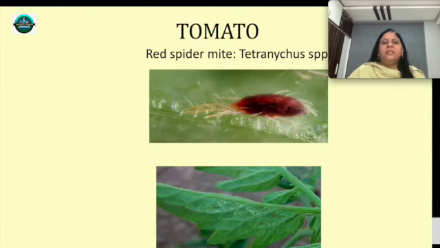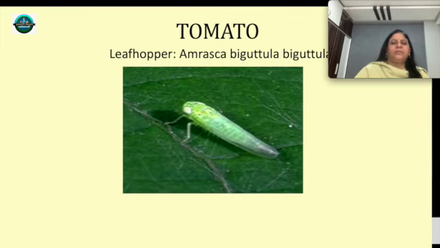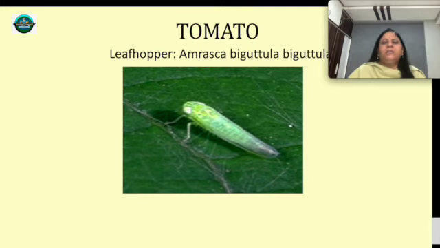This is red spider mite. Mites also cause damage. They are also present most of the time on the underside of the leaves. That's why spraying is to be done on the underside of the leaf also for the mites. Leafhoppers. These leafhoppers also suck sap from the leaves and cause damage.